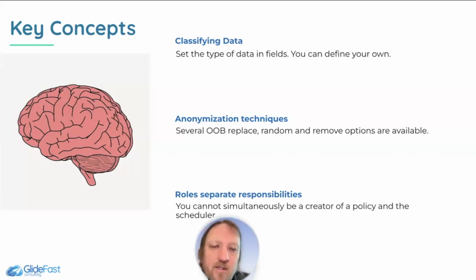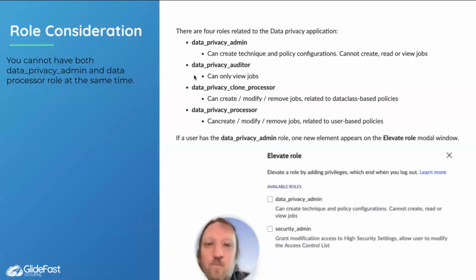This is also interesting, I think probably to protect yourself from doing damage, but there are roles that separate the responsibilities. You can't be a creator of a policy that's anonymizing data and the person that schedules it. You can't have those two roles at the same time, which leads into this.